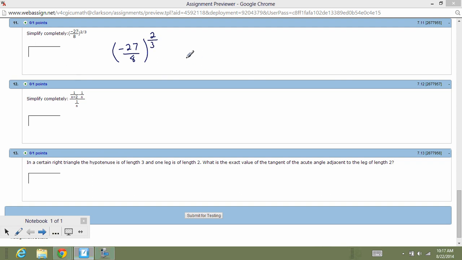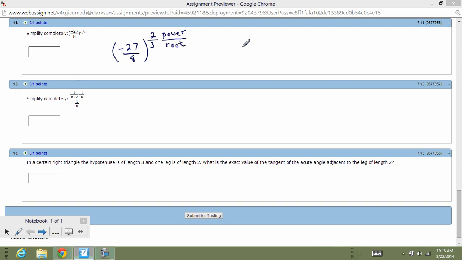First of all, it's important to understand what this fractional exponent means. In this fractional exponent, the numerator of the exponent is the power, and the denominator of the exponent is the root.